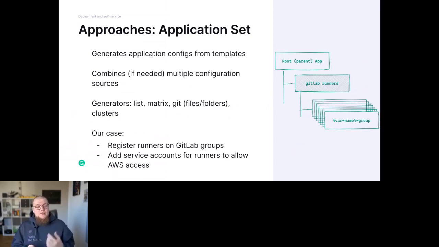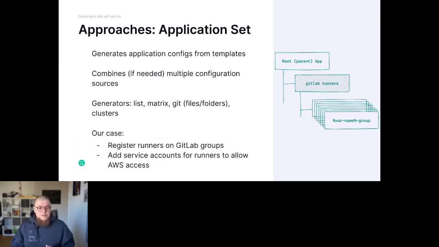Instead, we have a self-service portal where users can request the needed access. Effectively, it means creating a service account with a needed annotation for the IAM role and putting it into the namespace of a particular GitLab group. Therefore, we have a dynamic set of resources here because users initiate their creation and the number of GitLab groups and AWS accounts is not static.